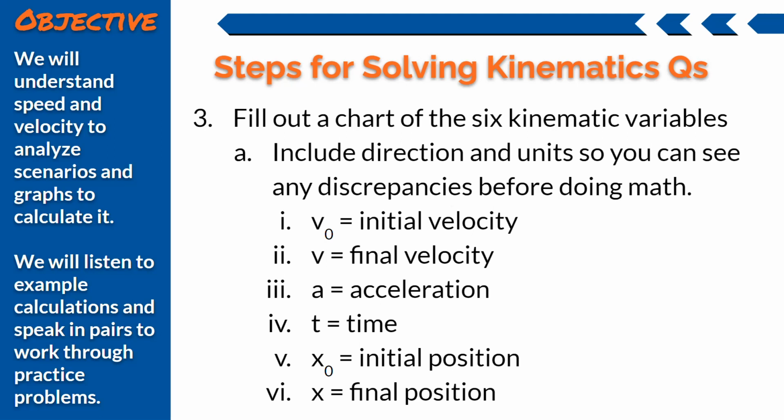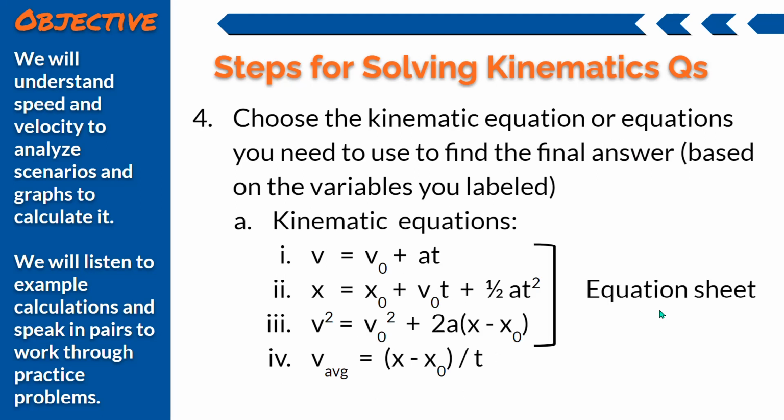You'll see the subscripts. Okay, so again, step 3, label all your variables. Step 4, choose the kinematic equation or equations that you need to use to find the final answer, and that's going to be based on the variables you labeled. And so if you're reading the things that you labeled, you will then look at this list of equations, and by the way, the first 3 are the first 3 on the AP Physics 1 formula chart, in order, 1, 2, and 3 underneath the mechanics section.